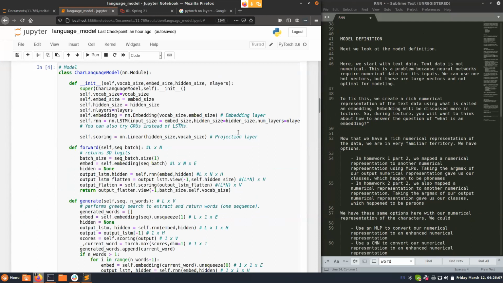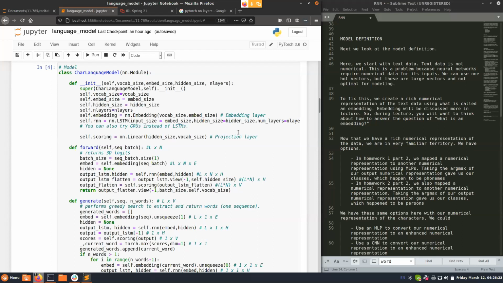And this is a problem because neural networks require numerical data for their inputs. We saw we could use one-hot vectors at the beginning, or even integers, but these are large.